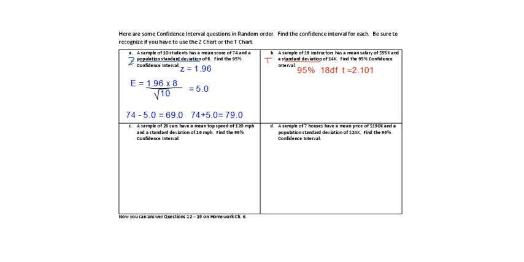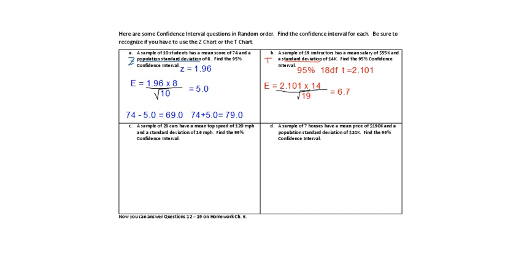Okay, now we can find our error. So our error is going to equal 2.101 times the standard deviation, which is 14, and divide that by the square root of 19. And if you put that in the calculator, you're going to get 6.7.